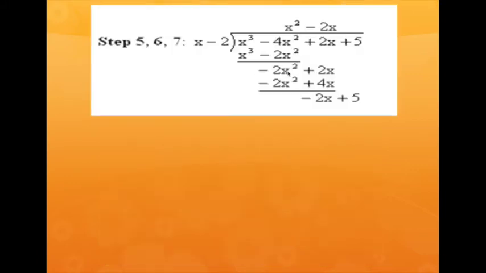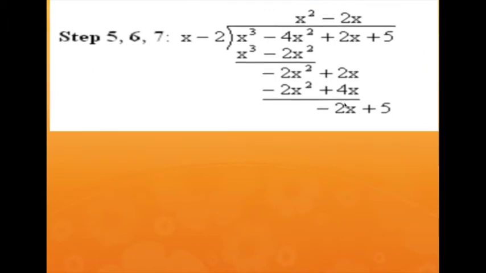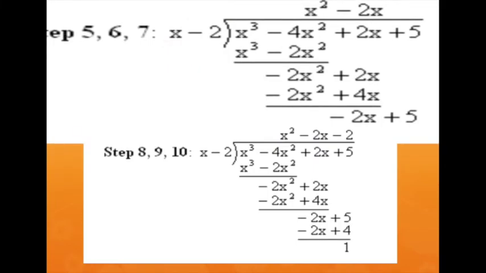Here, when you multiply -2x by x - 2, you get -2x^2 + 4x. Again, you repeat the step. Subtracting, you get -2x + 5. We are still not done, as we have 5 remaining, so you bring down the 5.